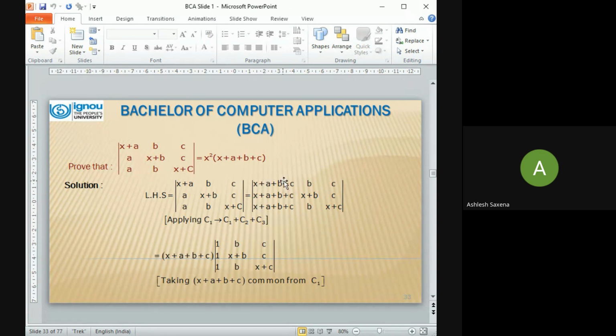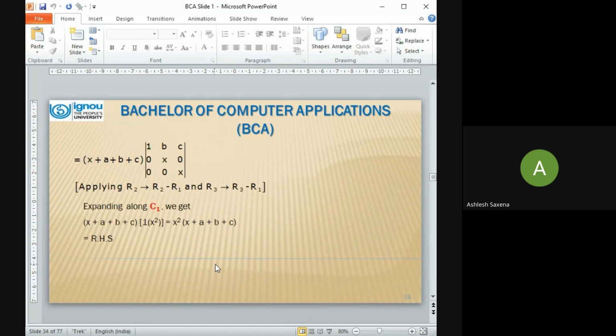Straight away take this column here, 1 1 1, B, x plus B, B, C, C, x plus C. Okay. Now reduce these two to 0. Reduced. Row 2 tends to row 2 minus row 1 and row 3 tends to row 3 minus row 1. As soon as this is done, you will get zeros in row number 2 and row number 3.